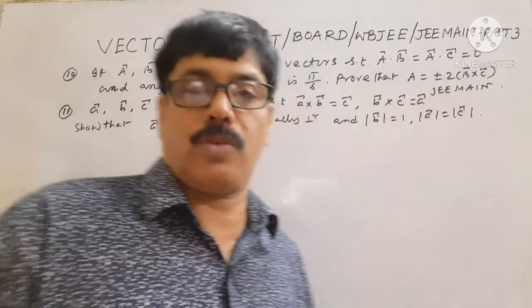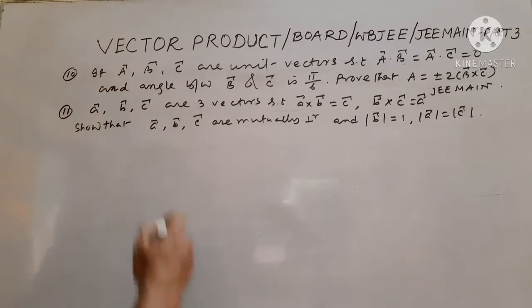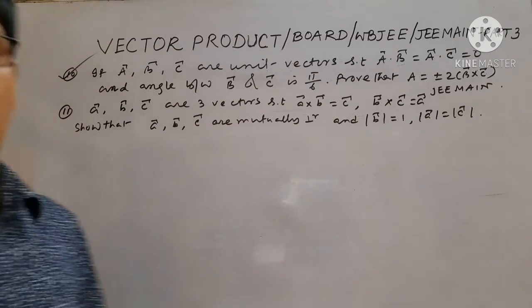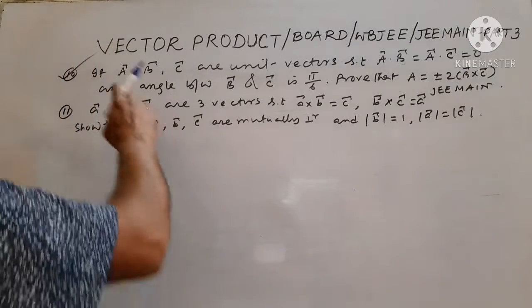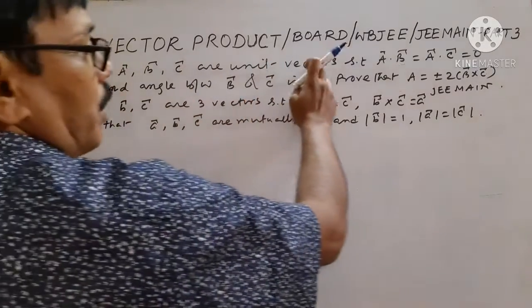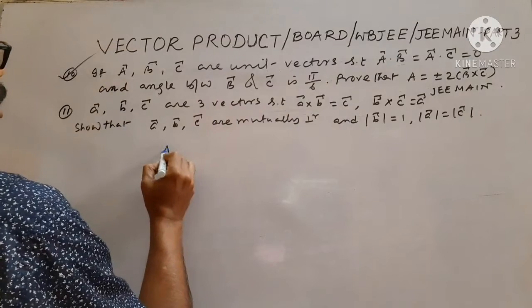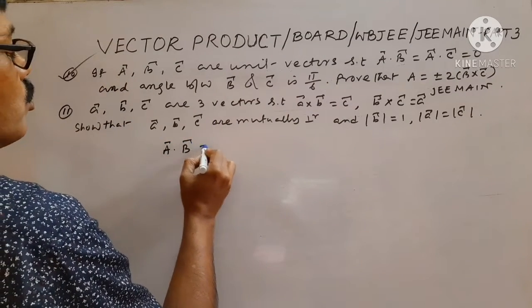Now again we consider two theoretical problems. Problem number 10 and problem number 11. Problem number 10. A, B, C are unit vectors such that A dot B equals to 0.